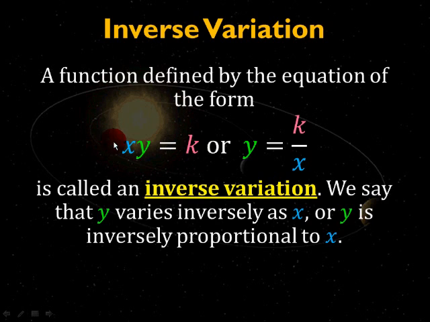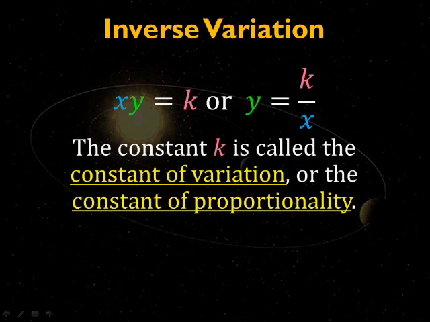So if you look at these equations, you'll see that if k doesn't change, if x goes up, y has to go down. And here, if y goes up, x has to go down if k stays the same. So this is the relationship between inverse variation. The constant k is called the constant of variation, the constant of proportionality. It's the same thing we called it when we did section 8.1.